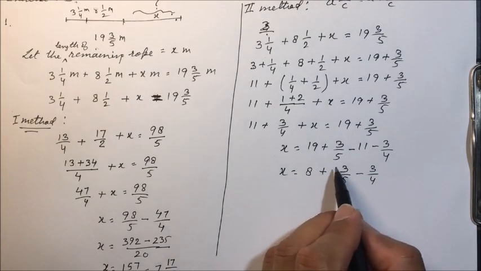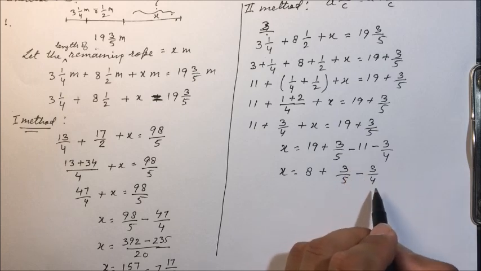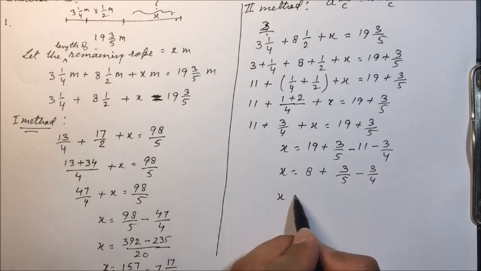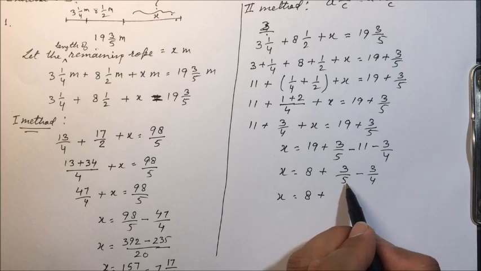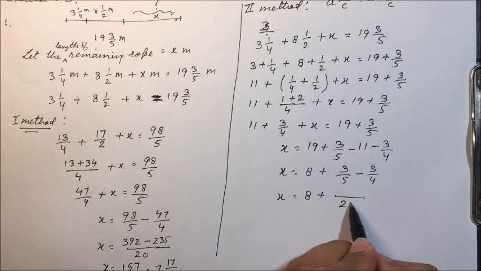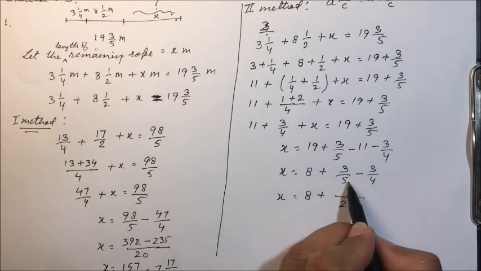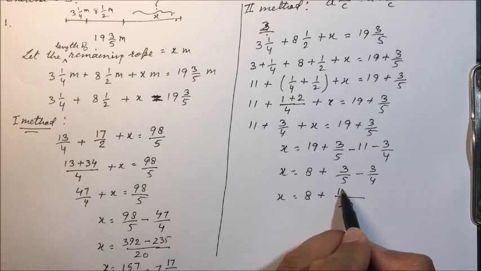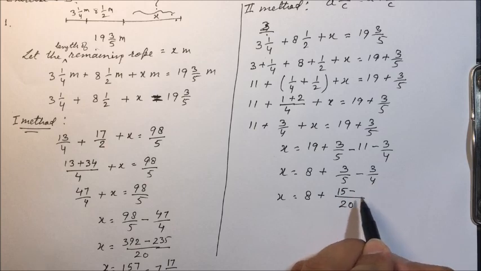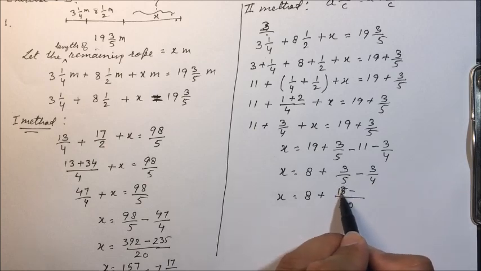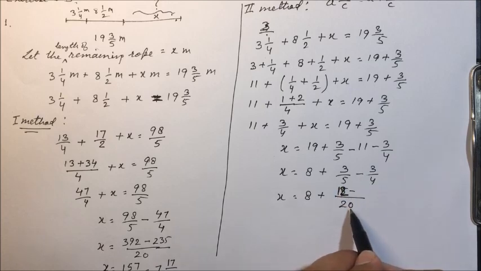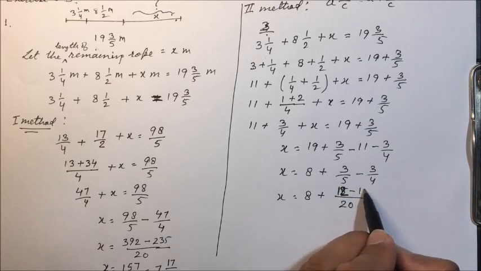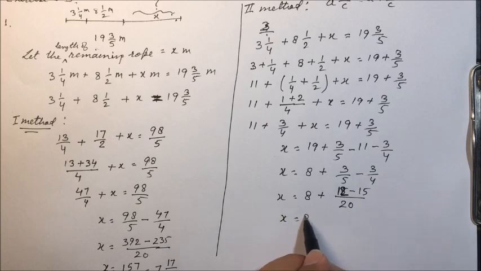Here you can take 3 outside and then in bracket 1/5 minus 1/4 as well, or we can proceed as such. 8 plus, take the LCM, 20. 5 4s are 20, 3 4s are 12. 4 5s are 20, 3 5s are 15. So x equal to 8 plus minus 3/20.